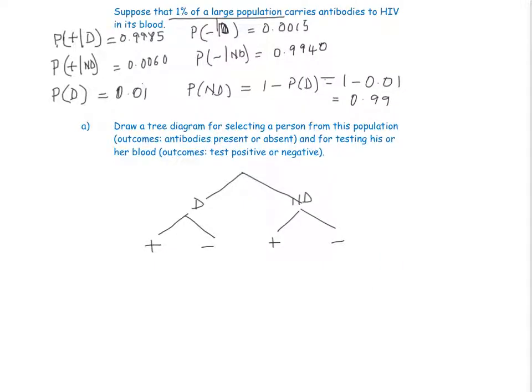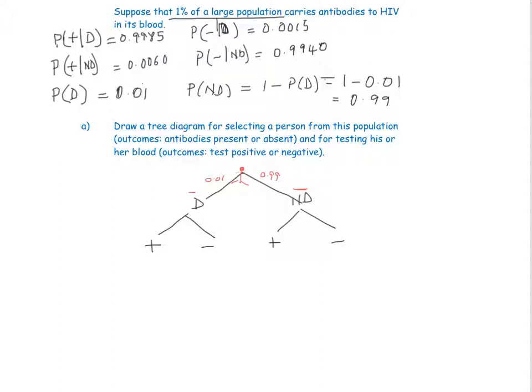Let's say we select a person from the population. This person either has the disease or does not have the disease. These are the only two possibilities. Let's put the probability that someone has the disease on this branch of the tree diagram, and the probability that someone does not have the disease on this branch of the tree diagram.